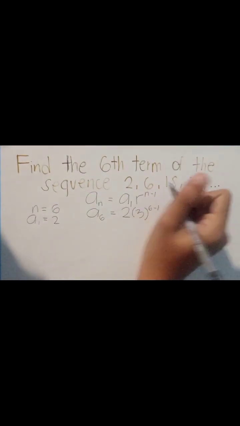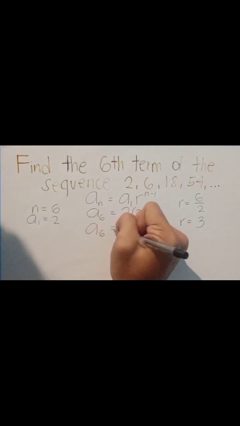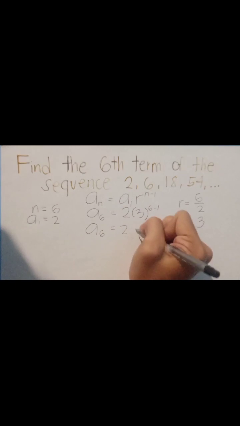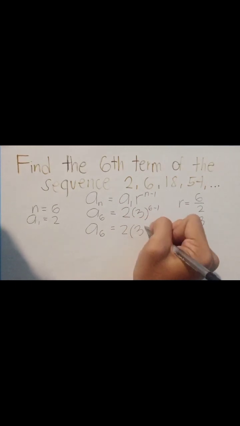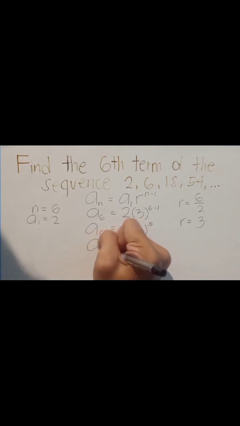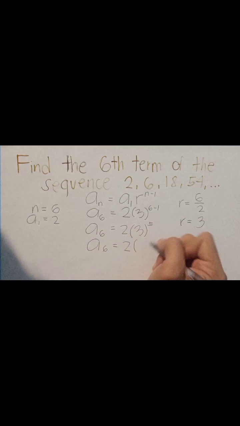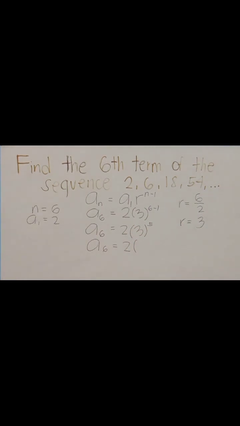A sub 6 is equal to 2 times 3 raised to 5. Ilan ba ang 3 raised to 5? We have to multiply 3 by 5 times. So, 3 times 3 times 3 times 3 times 3.